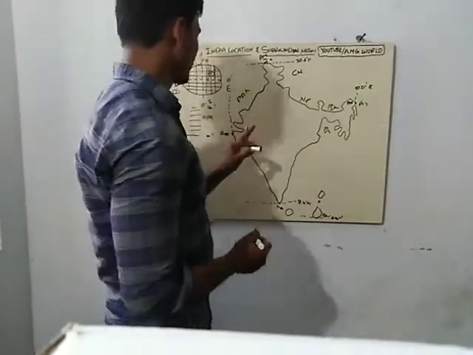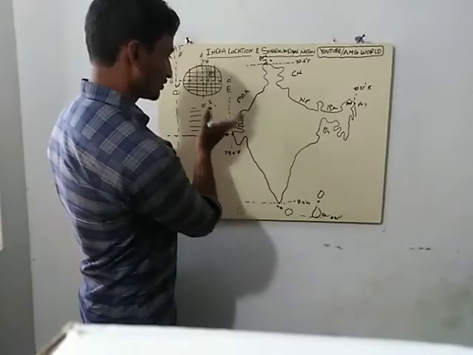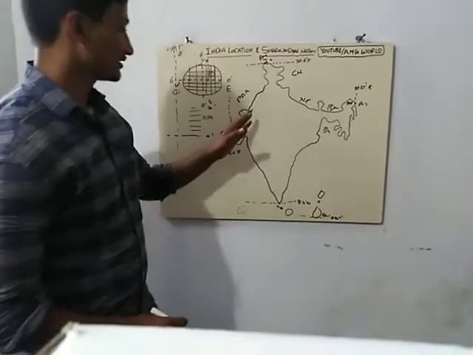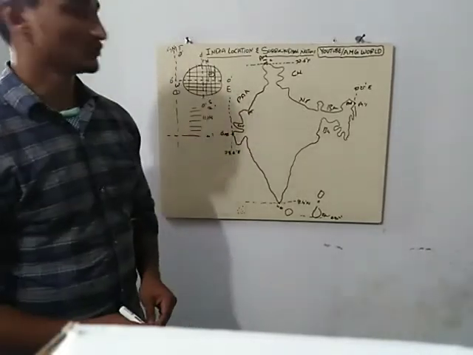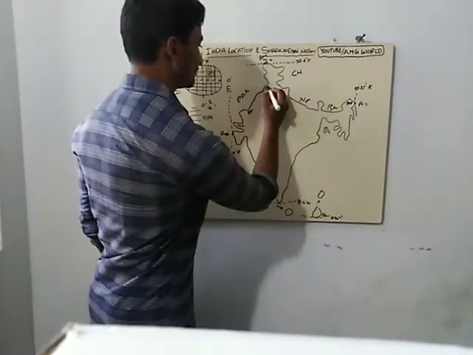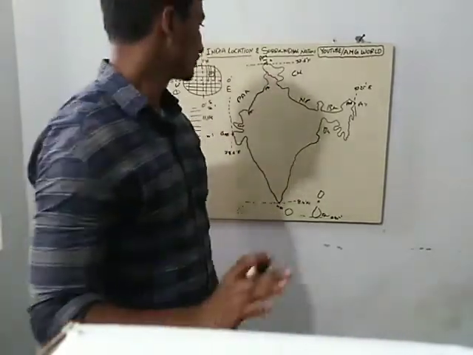We have Gujarat sharing a border with Pakistan, and Rajasthan, which is also sharing a border with Pakistan. And here comes Punjab. Jammu and Kashmir is no more a state.